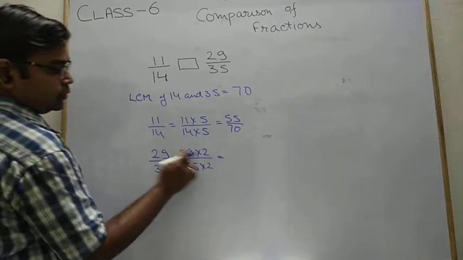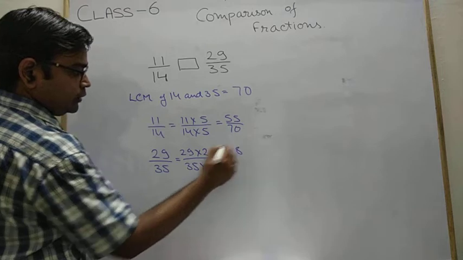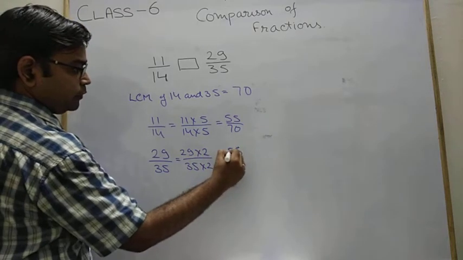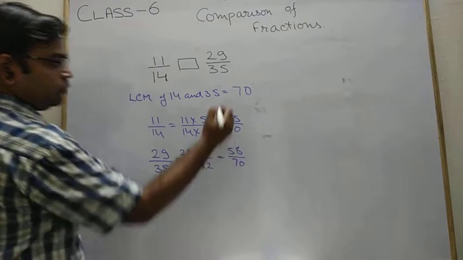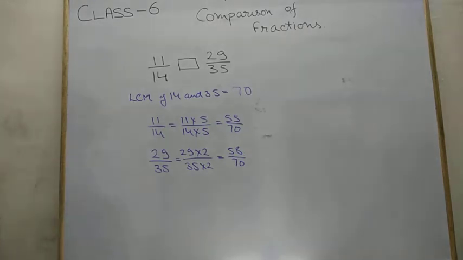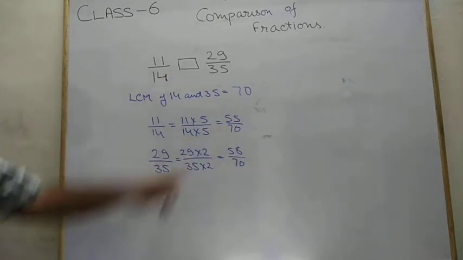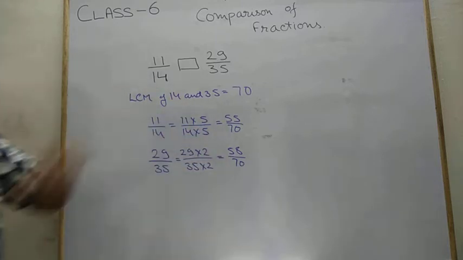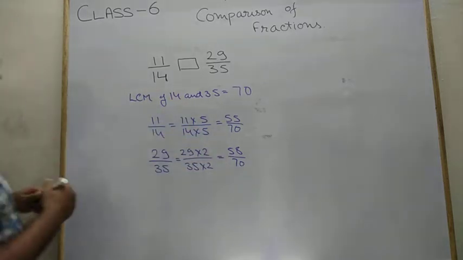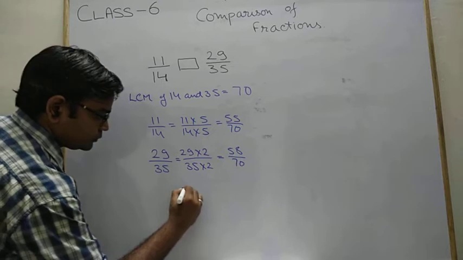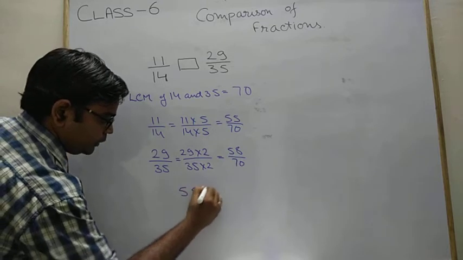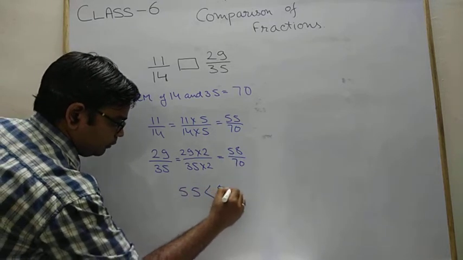Then again, 35 times 2 is 70, and 29 times 2 is 58, so we get 58 upon 70. Now we have converted these two fractions into like fractions. Denominators are same, so we must check the numerator part. 55 is smaller than 58.